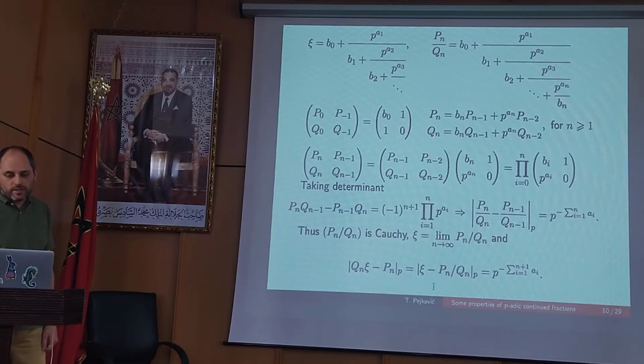So unlike the real case, here we have the exact value because of the non-Archimedean property, the non-Archimedean p-adic absolute value. This is why we can give an exact value on the distance between a number and its convergent. So this is the last line here.